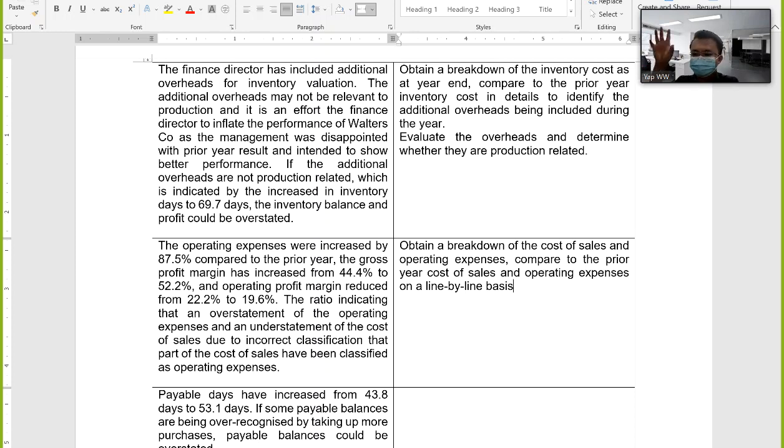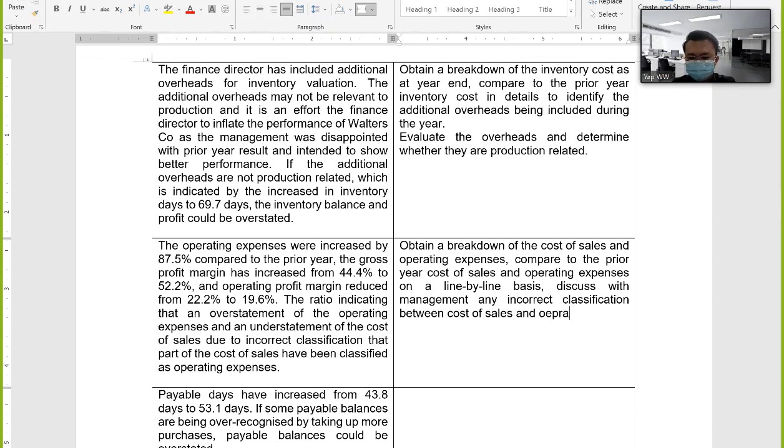Then you can see there is a wrong classification. Compared to the prior year, on a line by line basis, discuss with management any incorrect classifications between cost of sales and operating expenses. Request management to reclassify the expenses.